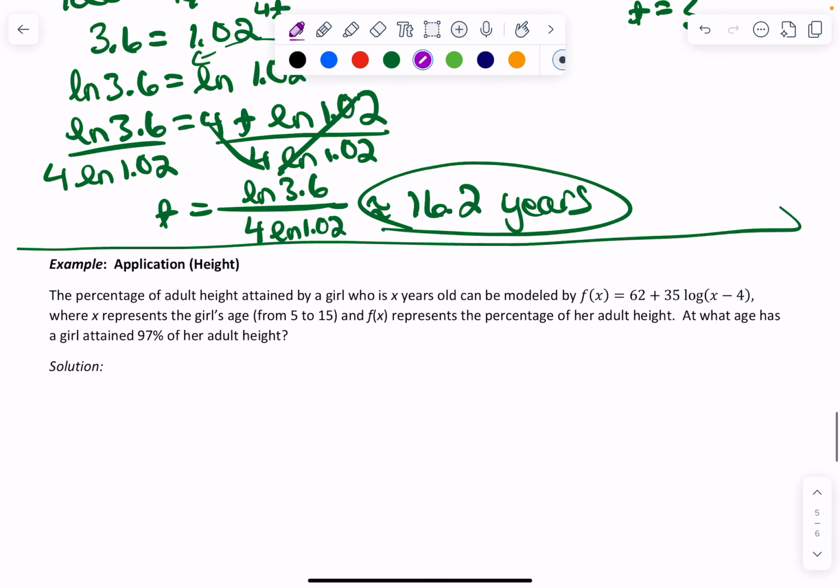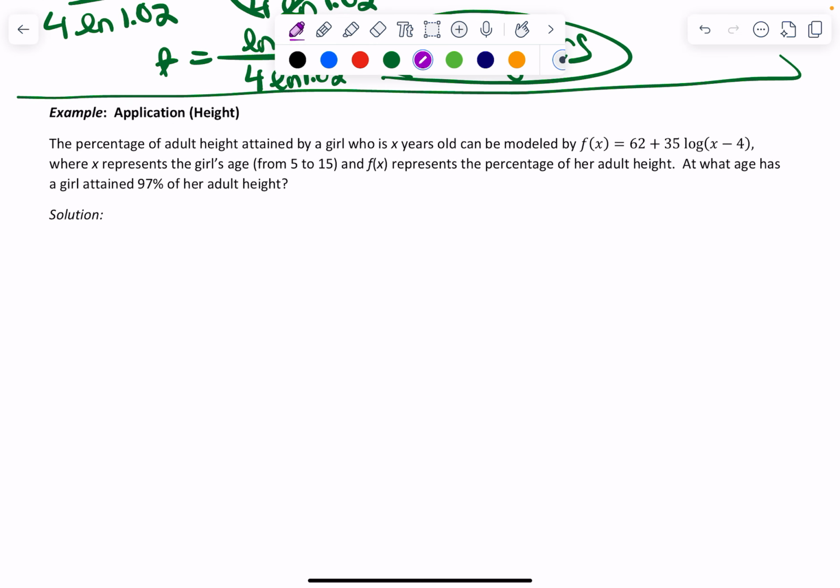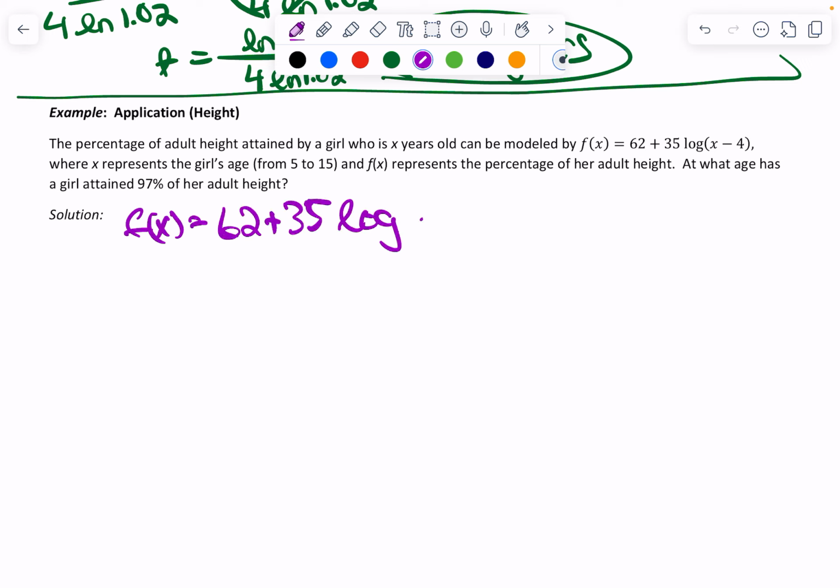Okay, a second application here. The percentage of adult height attained by a girl who is x years old can be modeled by f of x equals 62 plus 35 common log of (x minus 4), where x represents the girl's age from 5 to 15, and f of x represents the percentage of adult height. At what age has a girl attained 97% of her adult height?